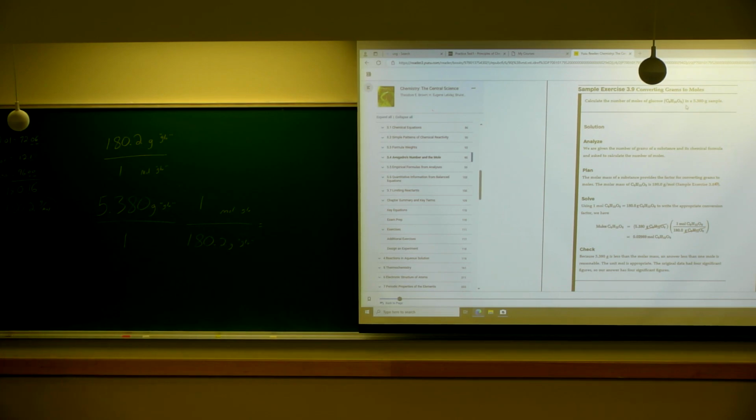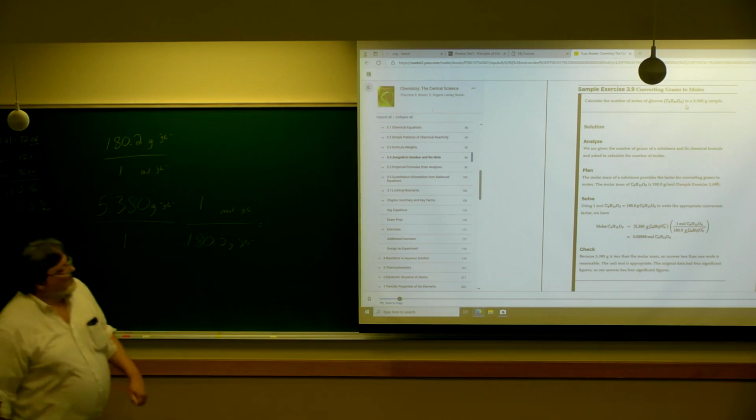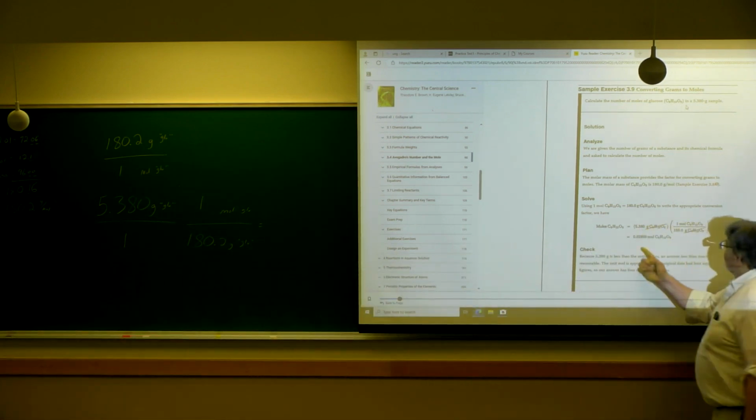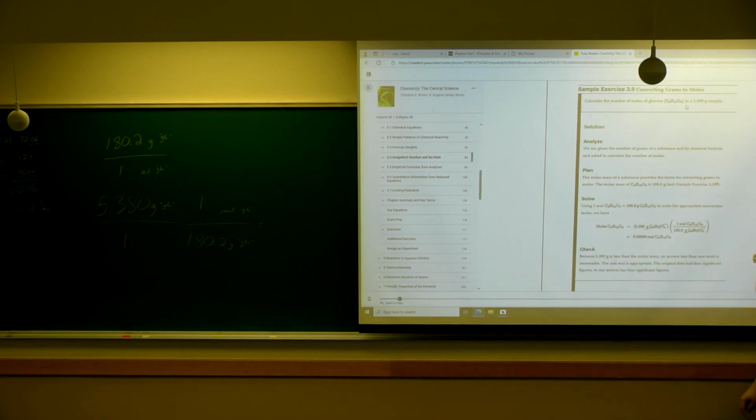It's kind of like saying how many dozen, but it's how many moles. I guess they do this for us. So I suppose that's what we get. 4 significant figures. The 1 mole is exact.